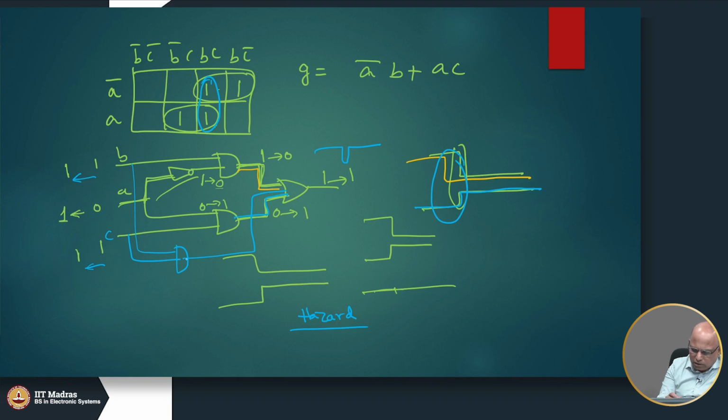So, the OR gate will continue to see a 1 here through this blue OR gate. So, it will not glitch, it will hold to that 1. Okay. So, sometimes to prevent this kind of glitching, people may include an extra term. Okay. This term, the blue term, is not required.